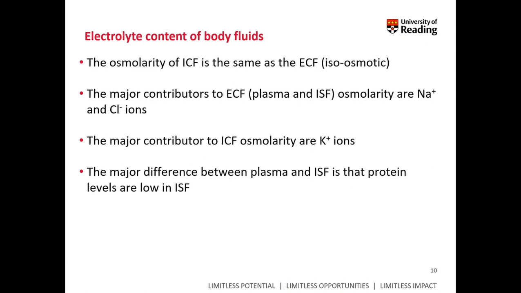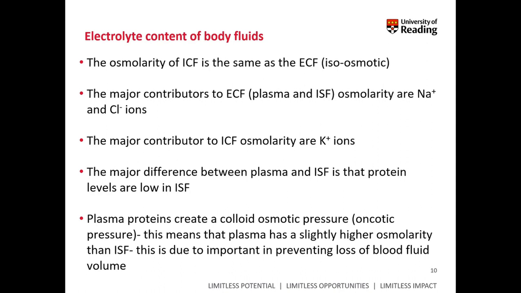So the major difference between the plasma and the interstitial fluid is that the protein levels are very low in the interstitial fluid. And if they get too low in the plasma, you get edema, because water will move from the plasma to the interstitial fluid because of low levels of proteins in the plasma.